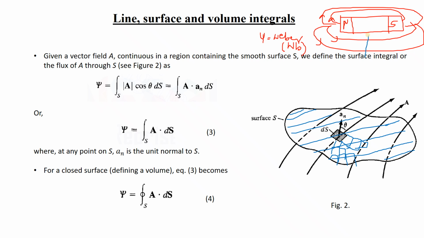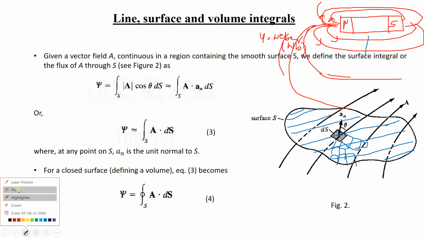Suppose you have a magnet, a huge magnet. The total amount of flux you cannot measure, because the flux lines are concentrated closer to the poles and closer to the magnet. As it goes away, it actually diverges and spreads out, so the gap increases.